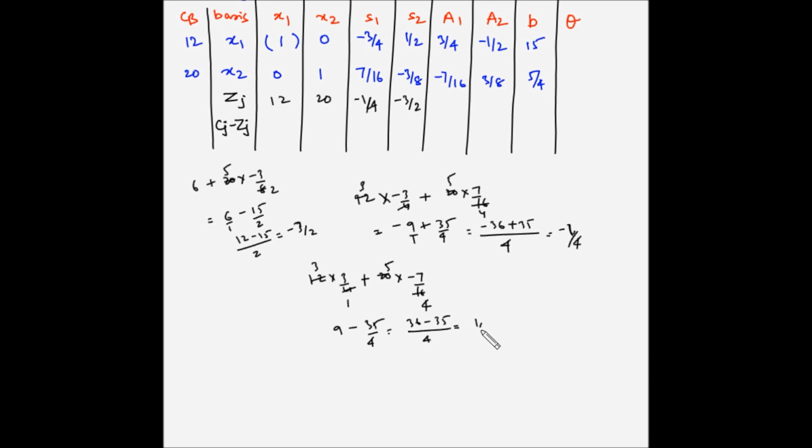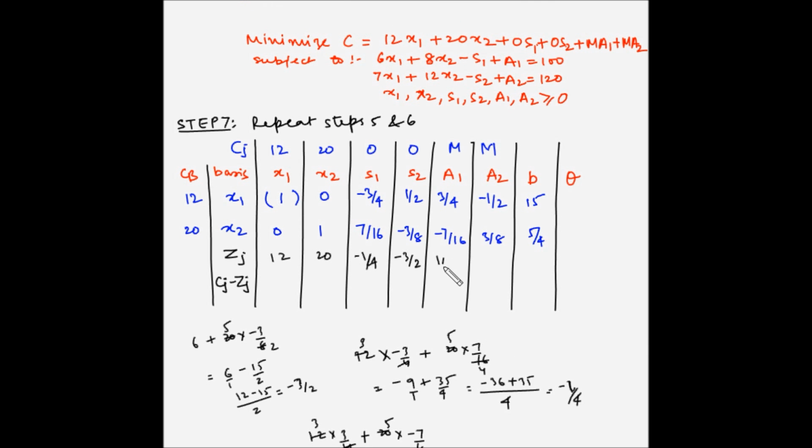This is 1 by 4. 12 into minus 1 by 2 plus 20 into 3 by 8. So 12 into minus 1 by 2 is minus 6 plus 20 into 3 by 8. So minus 6 plus, 4 2s are 8, 4 5s are 20. So 15 by 2. 2 LCM, minus 12 plus 15. So this is 3 by 2.